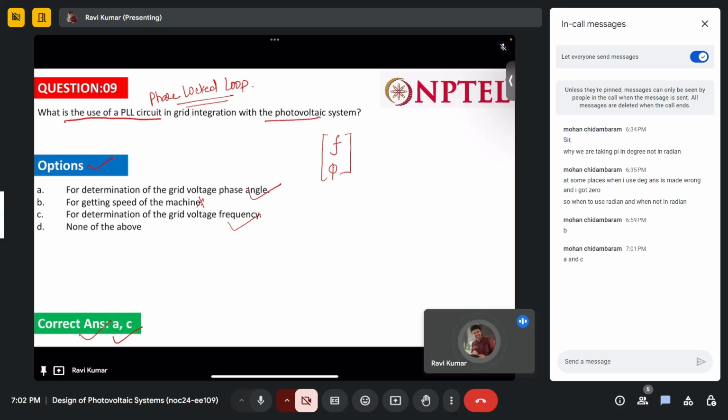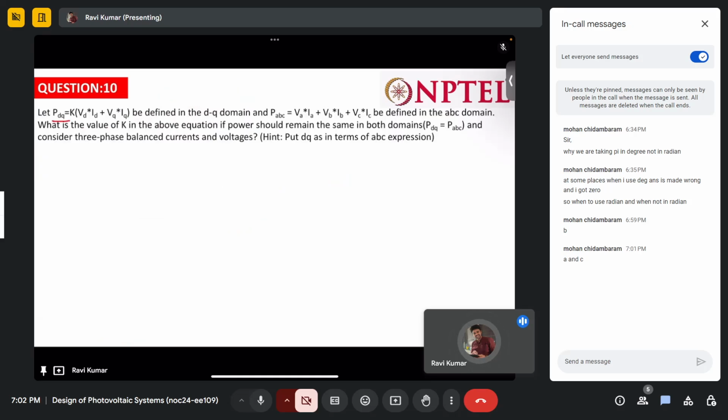Let's move to the next and last question. It says, let PDQ, the power in DQ form, be defined in the DQ domain, and PABC be defined in the ABC domain. So this is the power in the DQ domain and this is the power in the ABC domain. What is the value of K in the above equation if power should remain the same in both domains? If PDQ equals PABC, and consider three-phase balanced currents and voltages.